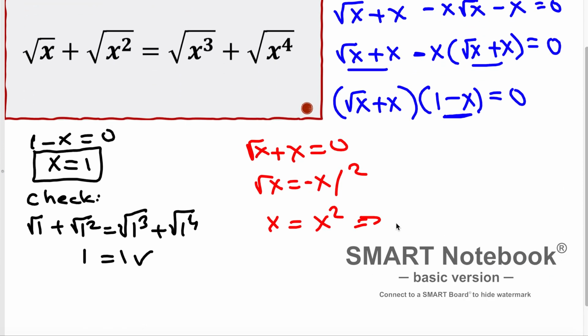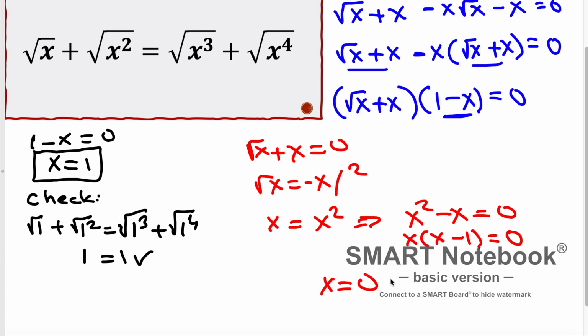This implies x squared minus x is equal to 0. Factoring, we get x times x minus 1 equal to 0. In this case, we have x is equal to 0 and x is equal to 1.